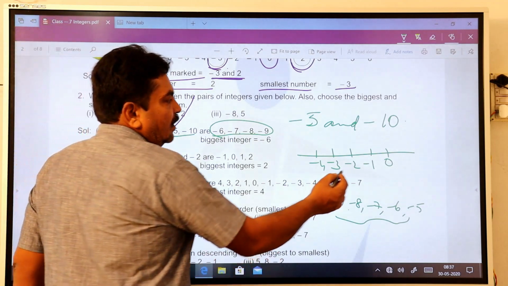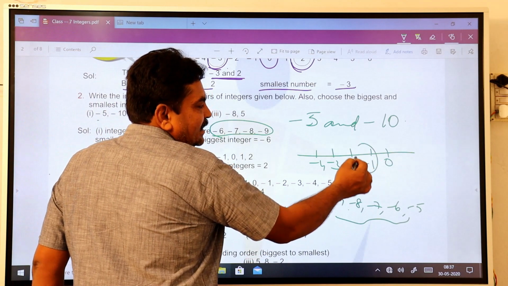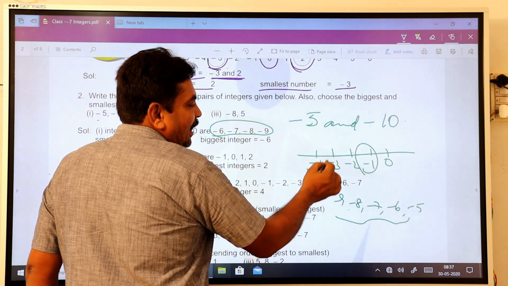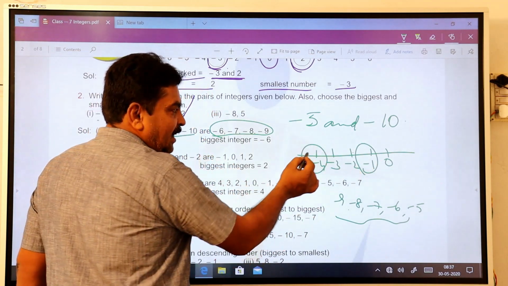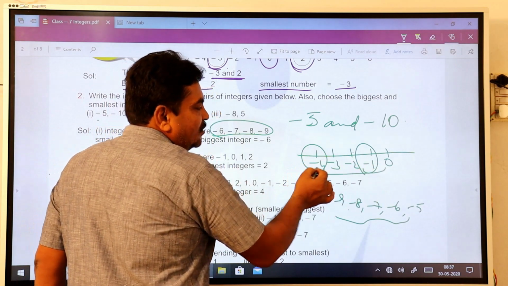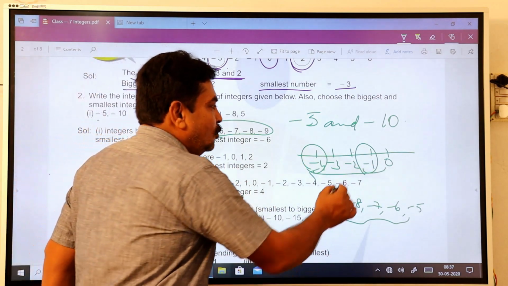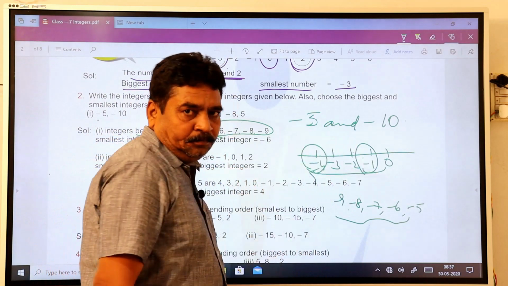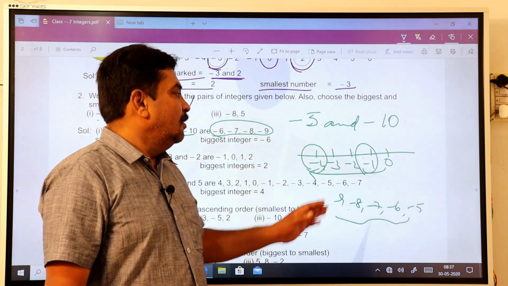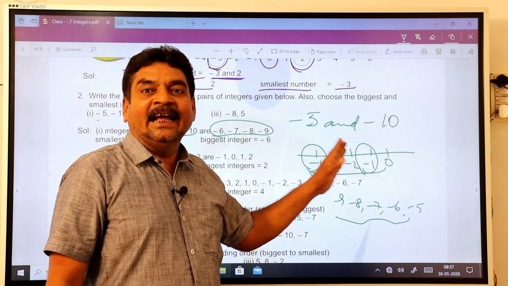So here minus 1 is bigger than minus 4, because minus 4 is far from 0, therefore minus 4 is smaller compared to minus 1. That's why we call minus 1 the bigger value than minus 4.